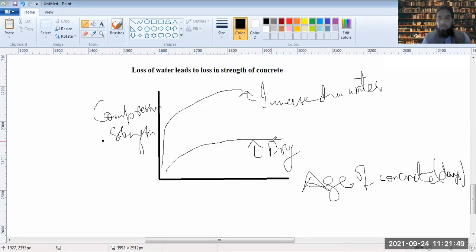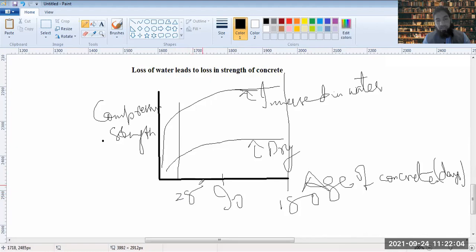So if it's completely immersed in water, this will be the behavior. So even at 180 days, this would be the behavior at 180 days. This is at 90 days. This is at 28 days. So you will find out that keeping immersed in water is actually leading to increase in the compressive strength.